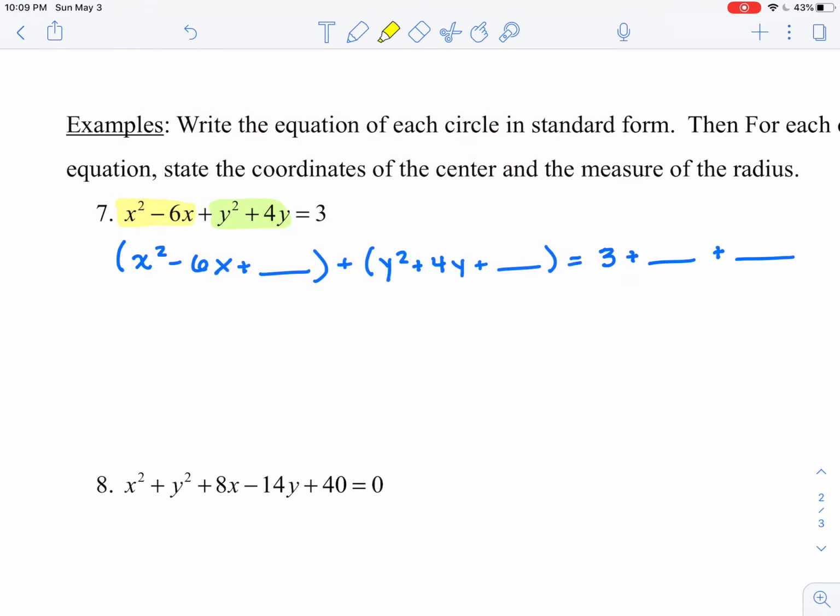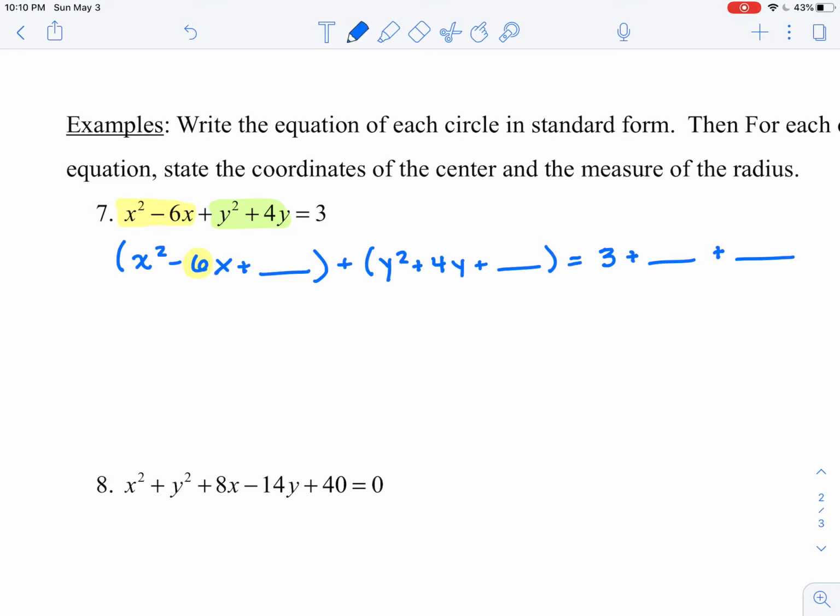So if I look just at the x's for now, I have x squared minus 6x plus something, and I need to figure out what something goes in there to create a perfect square trinomial. So to get that number, I take my middle number, so here that's the 6. I cut it in half, so half of 6 is 3.